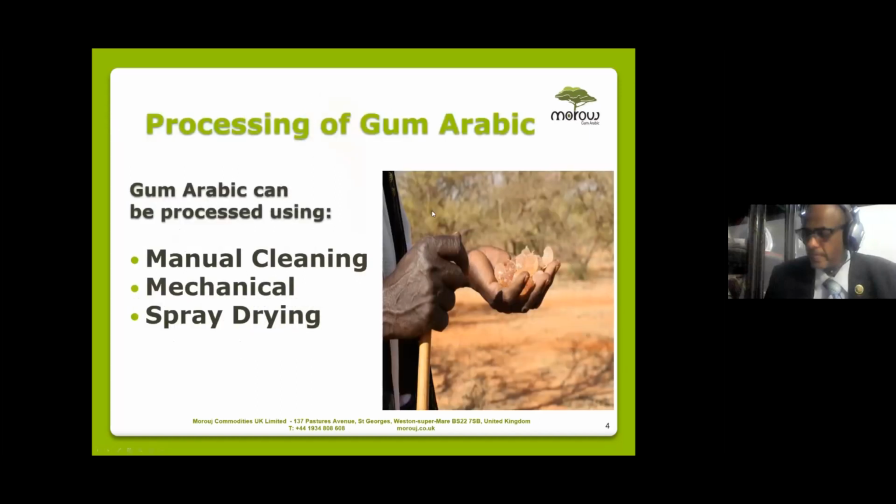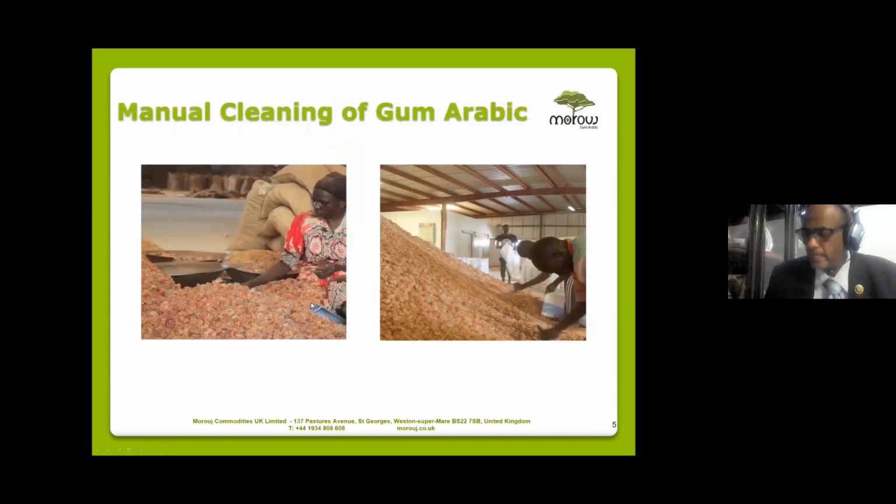Gum Arabic is processed or cleaned using manual cleaning, mechanical cleaning, or spray drying. I'm going to concentrate more on the spray drying process as a way of adding value to the gum Arabic product. In manual cleaning of gum, there is a basic cleaning done to remove the bark, using trays and sieves.